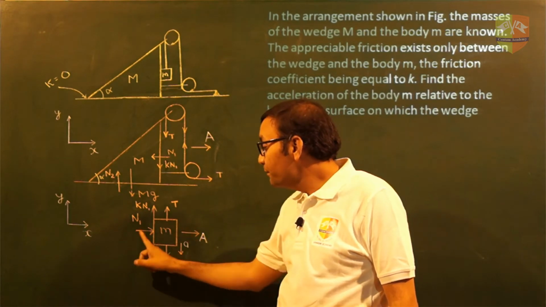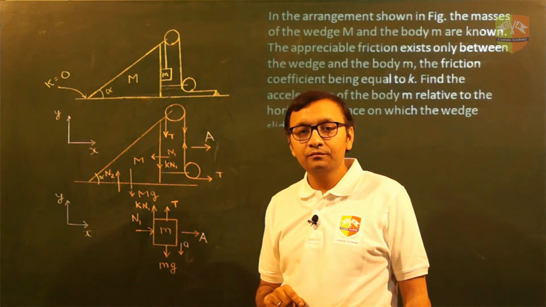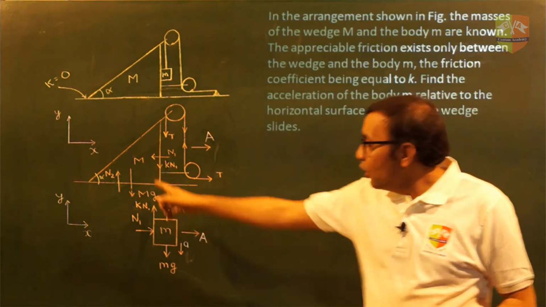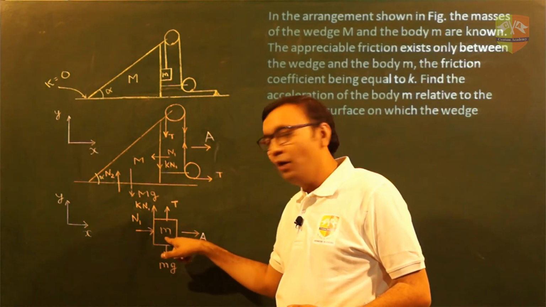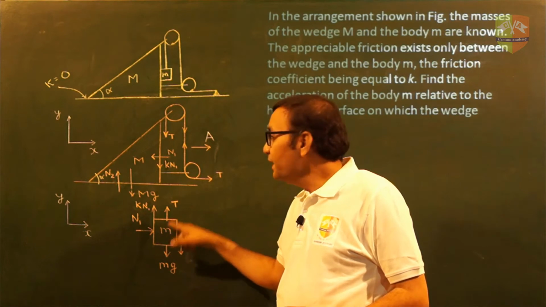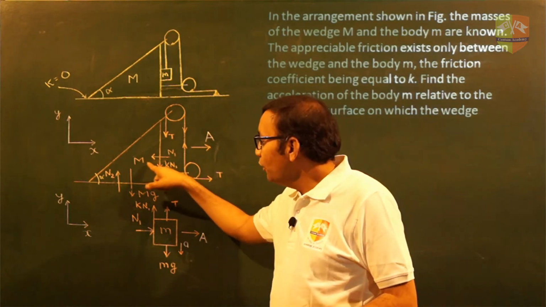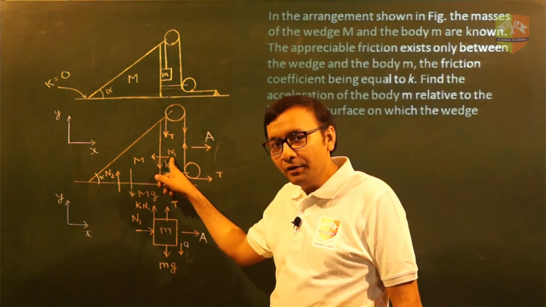That force must be the normal reaction from the wedge on the small m, right? So according to Newton's third law, small m will apply an equal and opposite force, the same normal reaction, on capital M in this way, right? So there is another force N1 here, right?